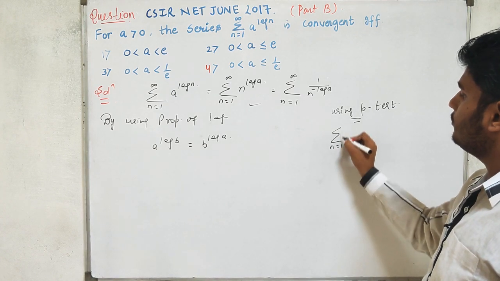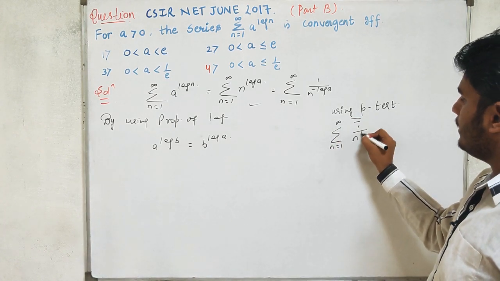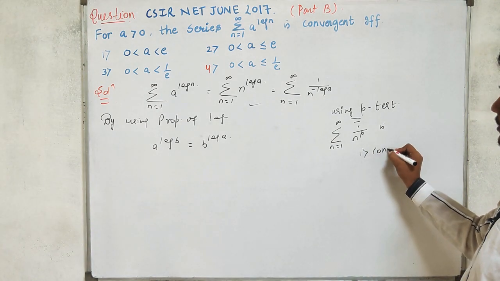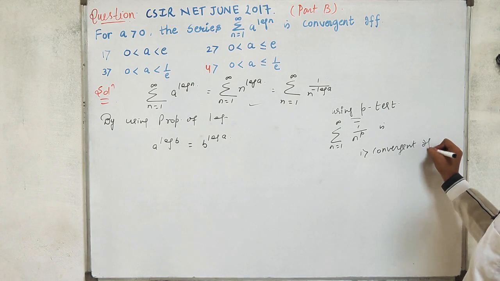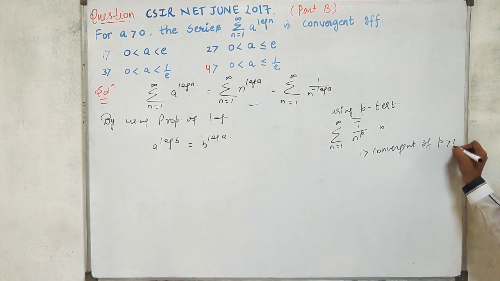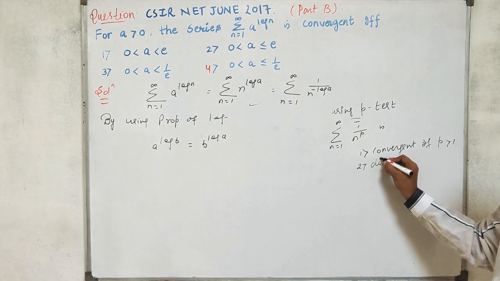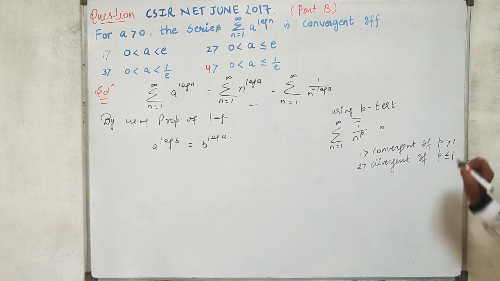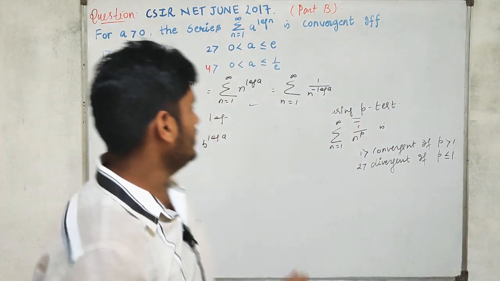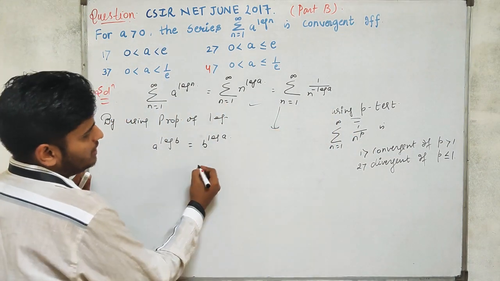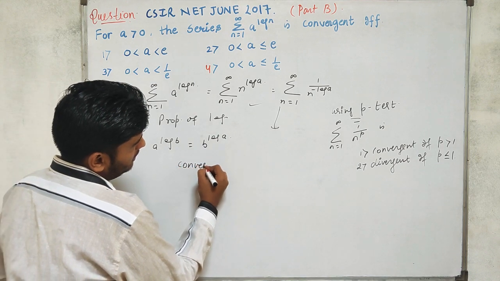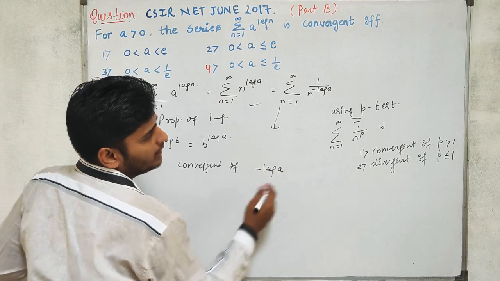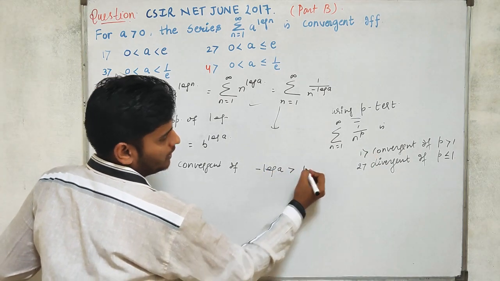Summation n going from 1 to infinity of 1 upon n raised to power p is convergent if p is greater than 1, and divergent if p is less than or equal to 1. So the given series is convergent if minus log of a is greater than 1.